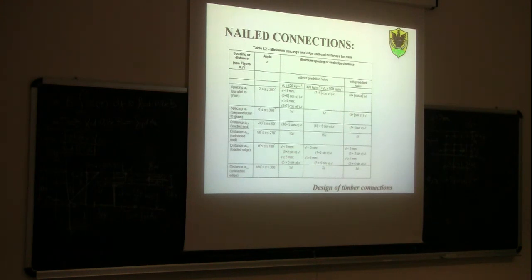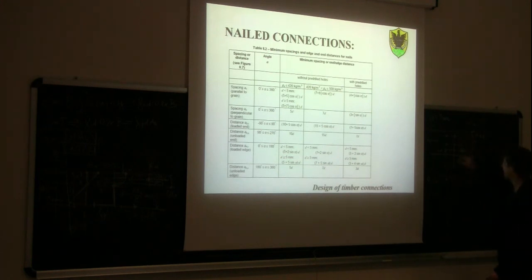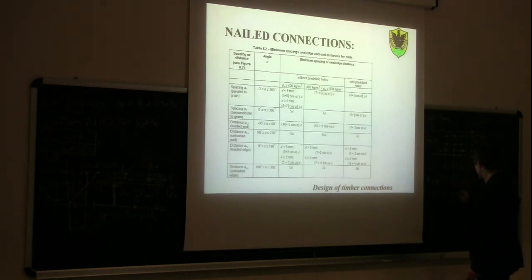So we get 10d. So A1, the spacing between the nails, shall be at least 10 times the diameter, which means 10 times 3, 30 millimeter. A2, spacing perpendicular this time in the other direction, greater than 5d, 5 times 3, 15 millimeter.